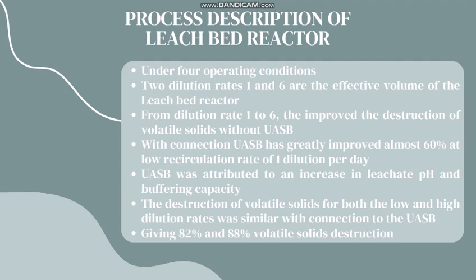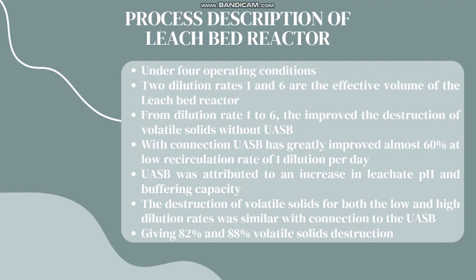Okay, the increase in volatile solid destruction with connection to the UASB was attributed to an increase in leachate pH and buffering capacity provided by circulated effluent from the UASB to the leach beds.